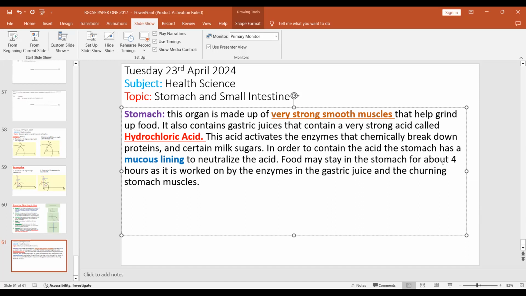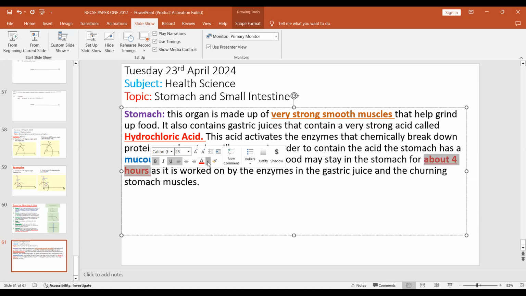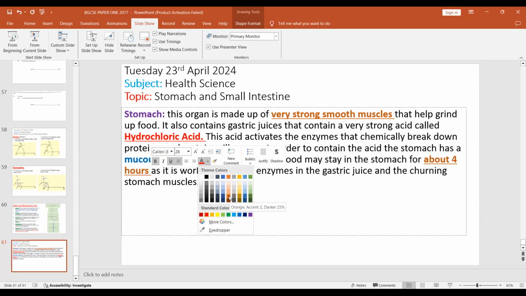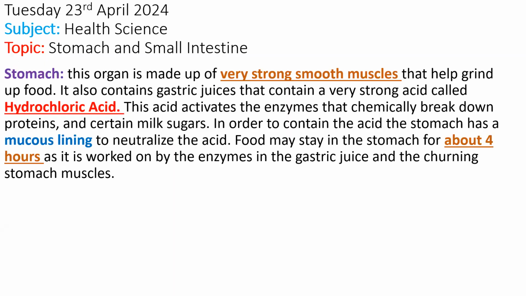So how long does food stay inside the stomach after a balanced meal? About 4 hours. We're not talking about a chip or a honey bun, which is not going to stay that long. But if you eat a meal of rice, chicken, macaroni, whatever the case may be, right? What about noodles?